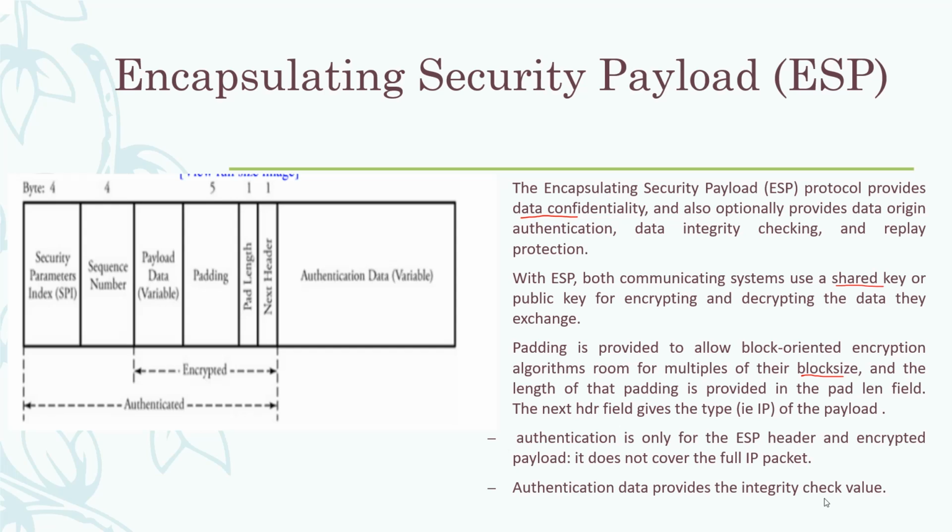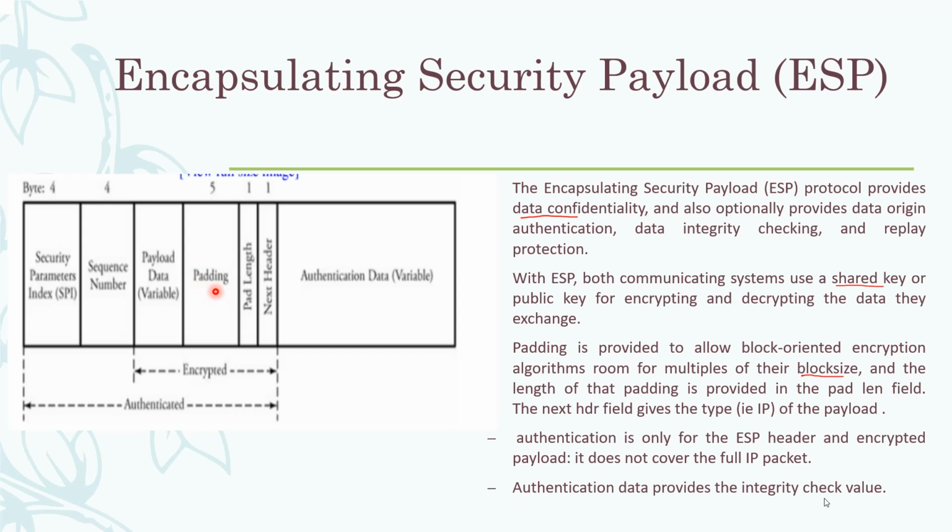And we can see in the ESP header, let me show with the pointer. We can see the ESP header, the payload data, it is of variable length, but the encryption algorithm requires the payload or the data block to have the certain block size. So to meet that requirement, additional bytes will be padded.